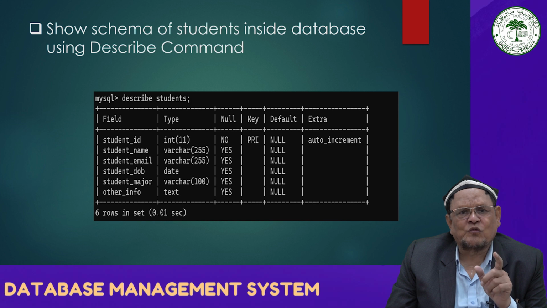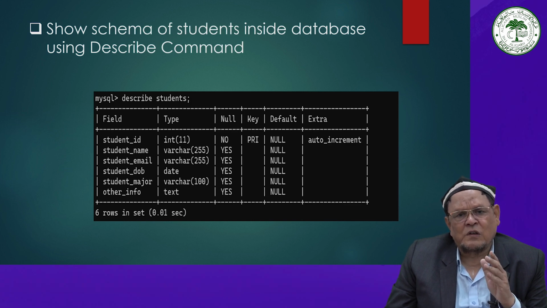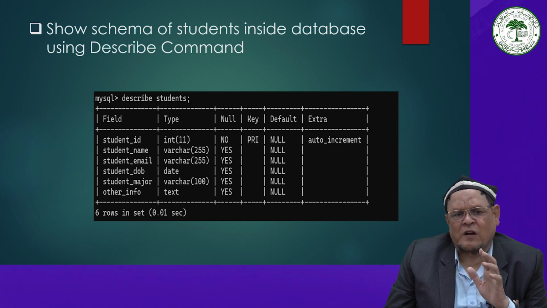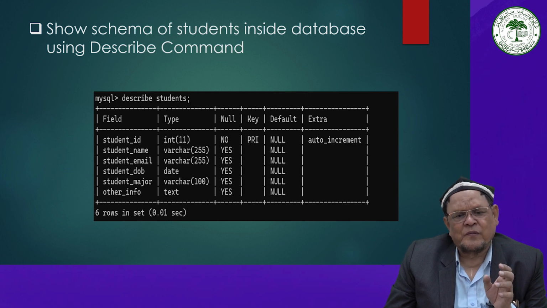So in MySQL you write describe students and semicolon, then it will display on your computer as you can see on the screen. Field, type, null, key, default, extra. In the field you can see student ID, student name, student email, student date of birth, student major, and other information.